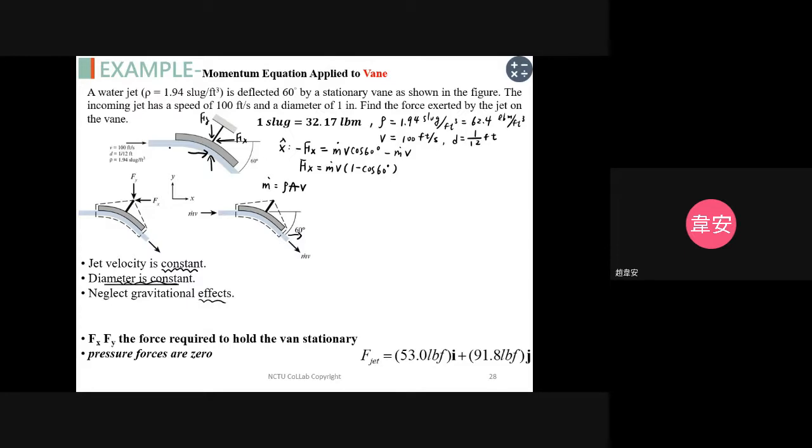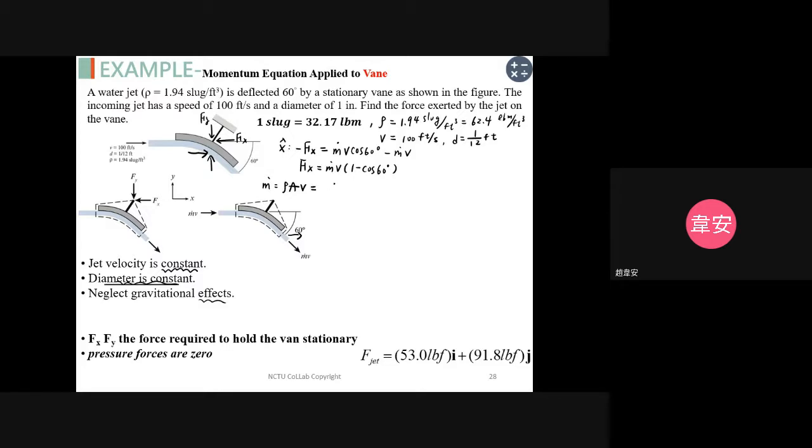In this problem, based on continuity, the mass flow in is equal to the mass flow out, and the inner flow velocity and the outer flow velocity are equal. So we just compute the mass flow.